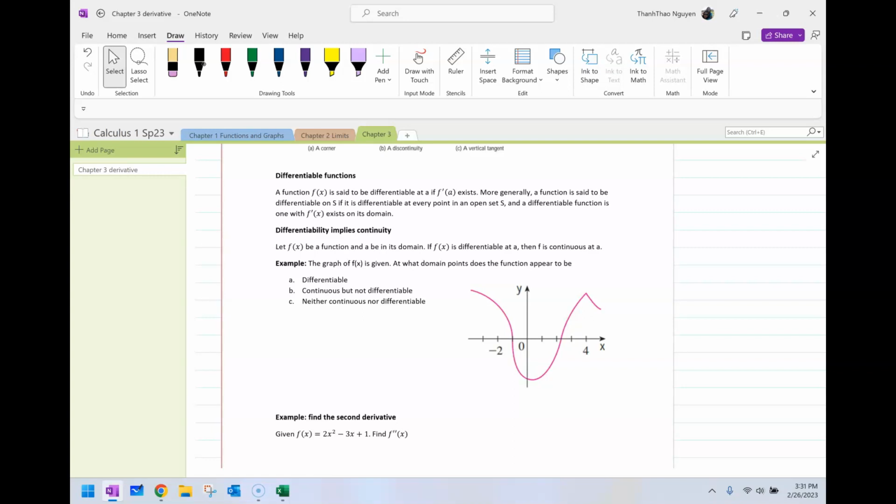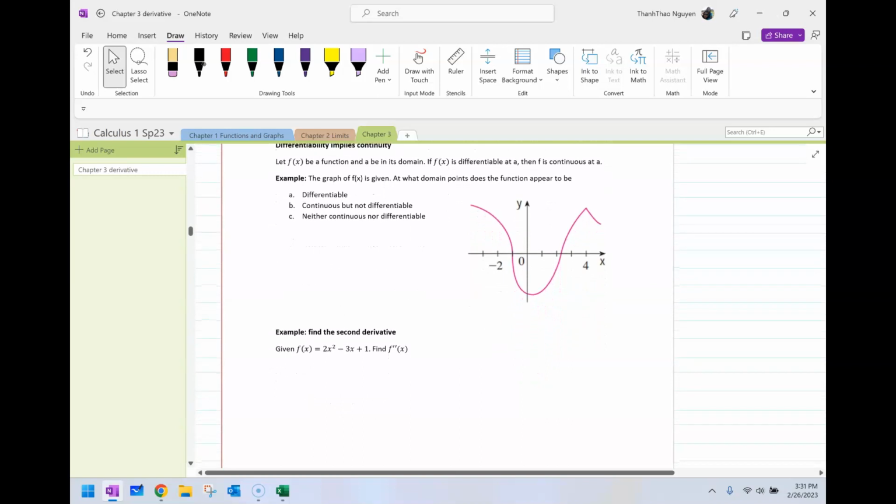More generally, a function is said to be differentiable on an interval S if it is differentiable at every point in an open set S, and a differentiable function is one with f prime of x existing on its domain.